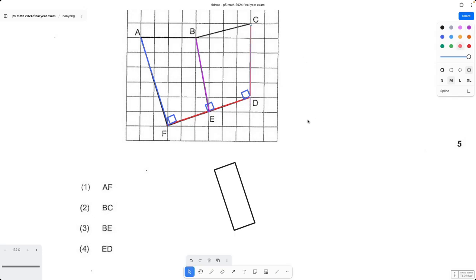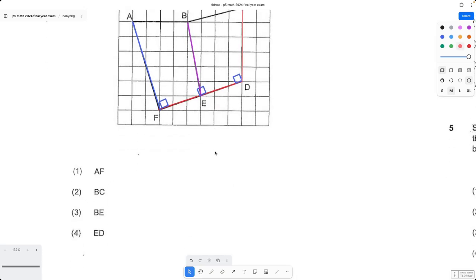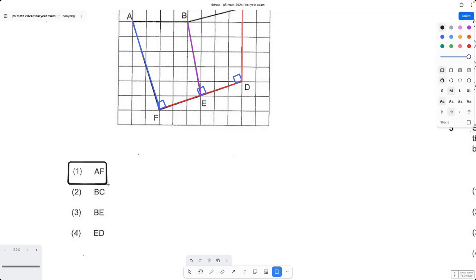See over here. So in this case the answer is AF. Wait, I'm going to move this over here. So the answer is AF over here.